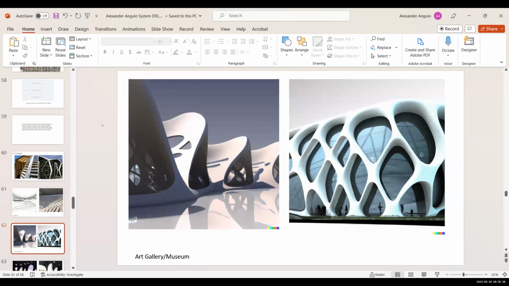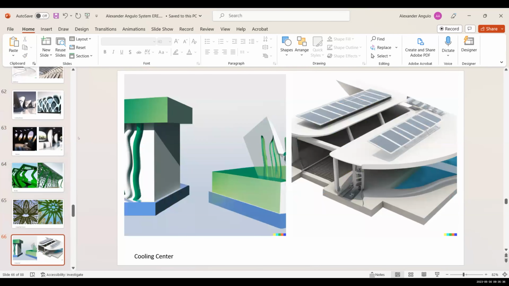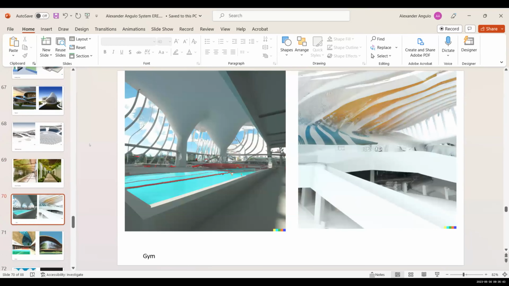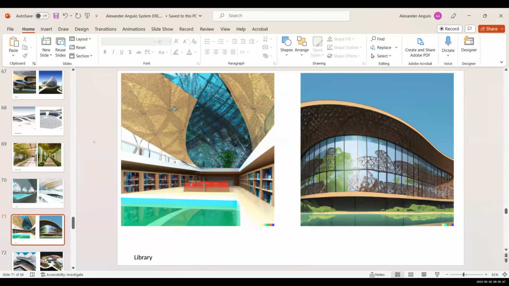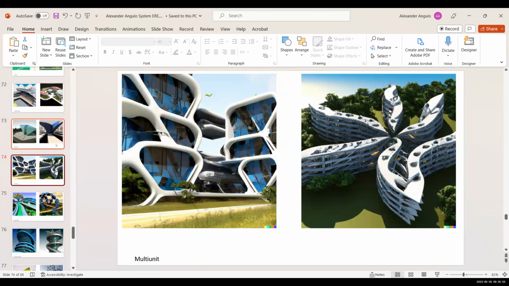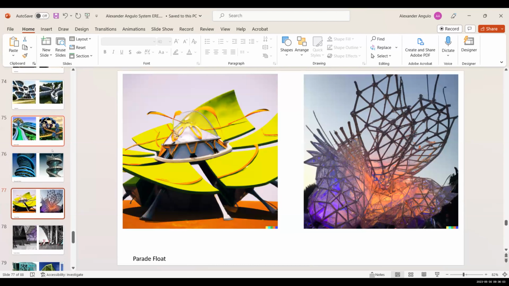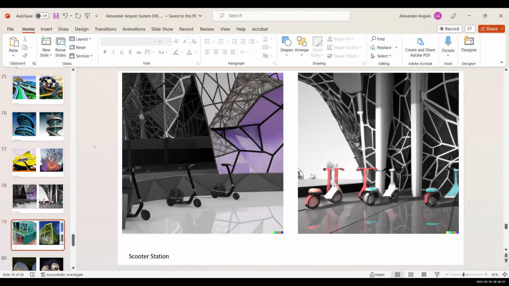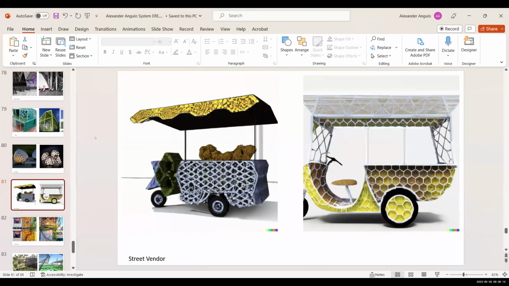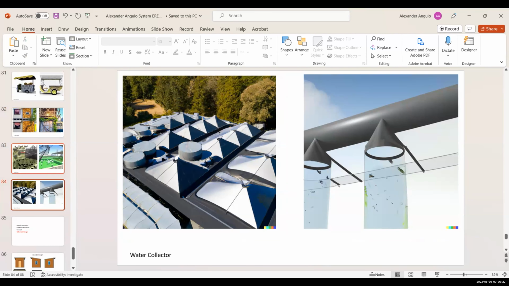ADU, amphitheater, art galleries and museums, public bathrooms, bus stop, shade structures, cooling centers, daycares, gathering spaces, green corridors, gyms, library, health centers, memorials, multi-units, nature walks, observation towers, parade floats, electric scooter stations, sheds, solar powered lights, street vending carts, tiny houses, urban farms, and water collection systems.